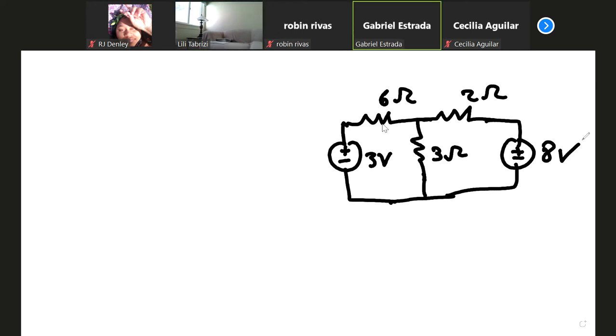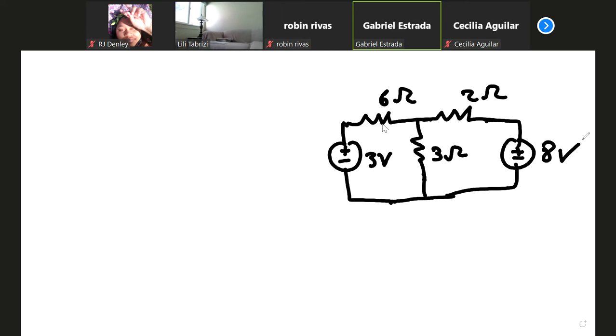Here. Okay, this is a circuit. We have two independent sources. My question is, can you combine these two sources? No, because they are not in series or parallel. Can you combine any resistors? I think you can combine 6 and 3. Why? Because they're, oh wait, actually, how can you combine 6 and 3?